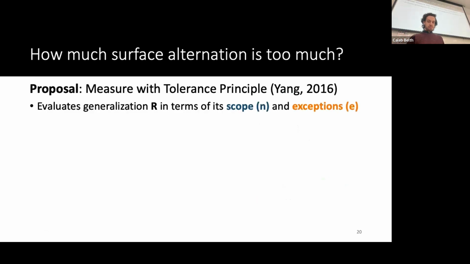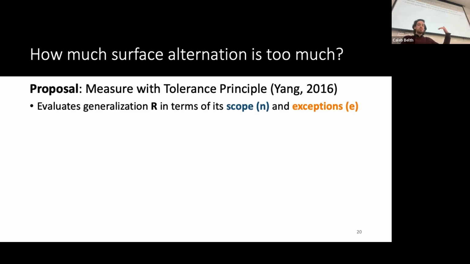And to do that, I'm going to use the tolerance principle, which is proposed by Charles Yang, and it evaluates some linguistic generalization, which we'll just call R, in terms of two numbers. The first is N, the scope of the rule or the generalization, which is just the number of things it makes a prediction about or applies to.